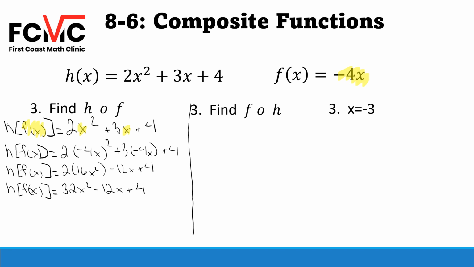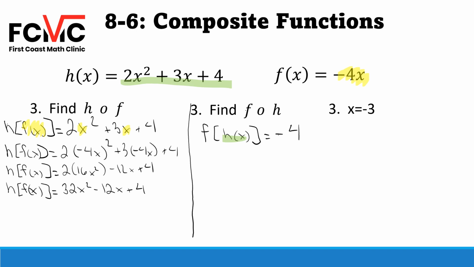Now if we go in the opposite direction, f of h, so now we want f of h of x. So we're going to start with f of x, which is just negative 4x. And we're going to replace this x with our h of x. So I can do this right here, save a little bit of room.